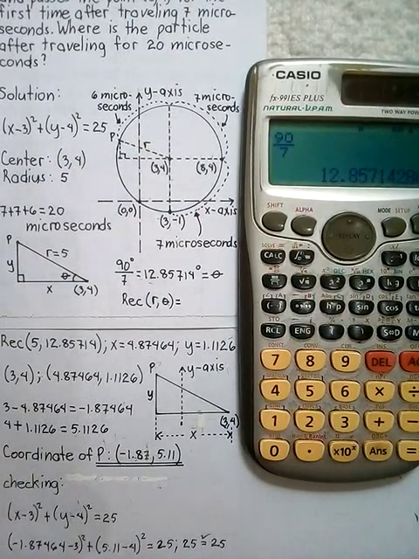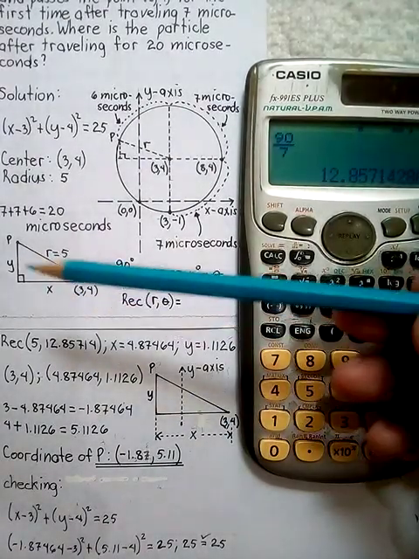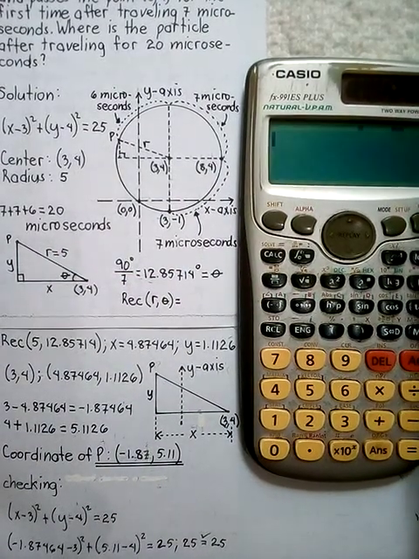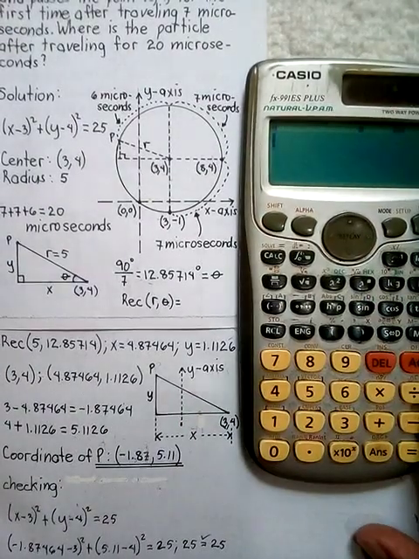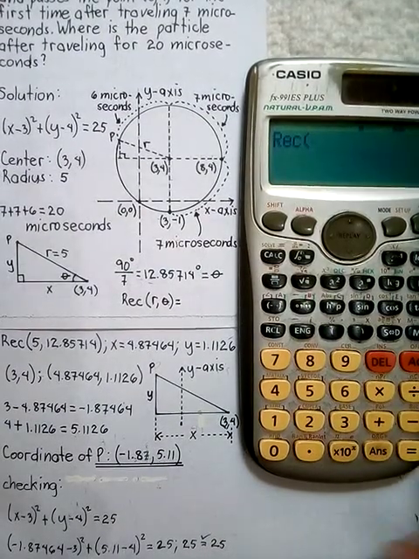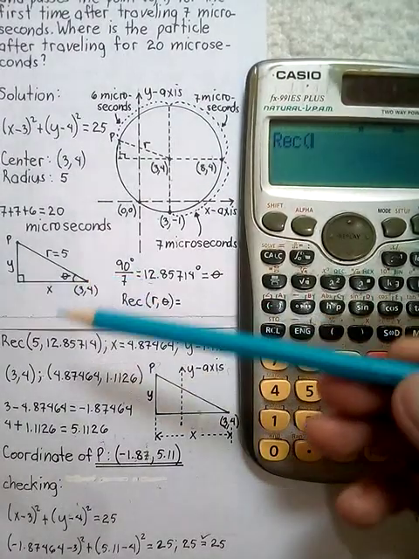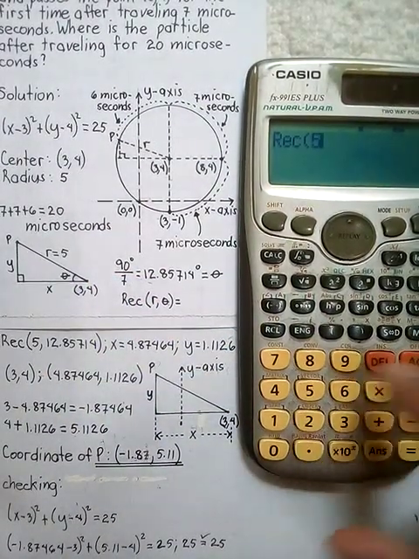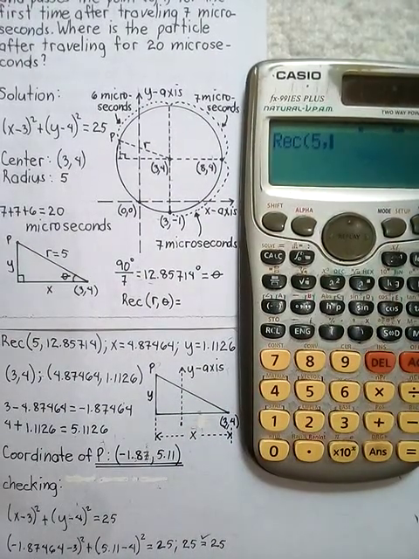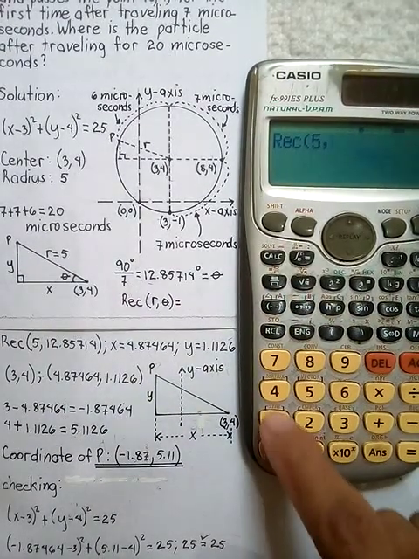To compute the x distance and y distance here, let us clear our calculator and press shift and then the Rec button. Our R should be replaced by the radius, which is 5. So let us press 5, then shift and the comma, and the corresponding angle, which is 12.85714.